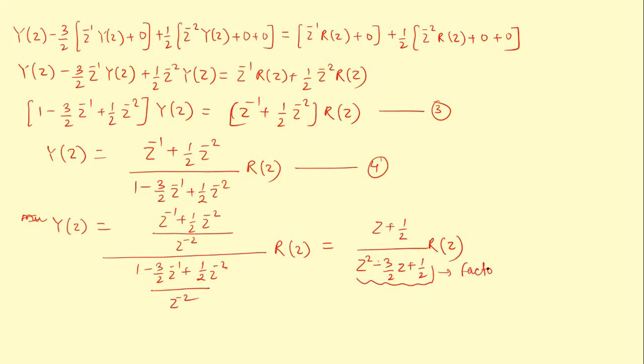So this part can be factorized. If we factorize this part, we will get z plus 1 by 2 divided by z minus 1 by 2, and then we have z minus 1, rz. So this is, let us say, equation number 5.